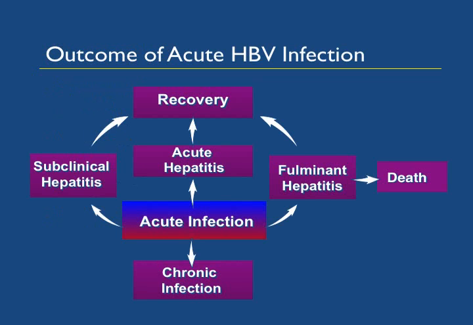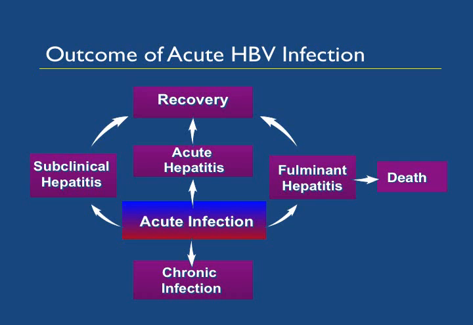Before I go to the specific diagnostic test, let's just review what happens during acute hepatitis B infection. During acute infection, some patients experience symptoms of acute hepatitis. They feel tired, they have decreasing appetite, they may have nausea and vomiting, sometimes low-grade fever, and some of these patients will turn yellow or jaundiced.